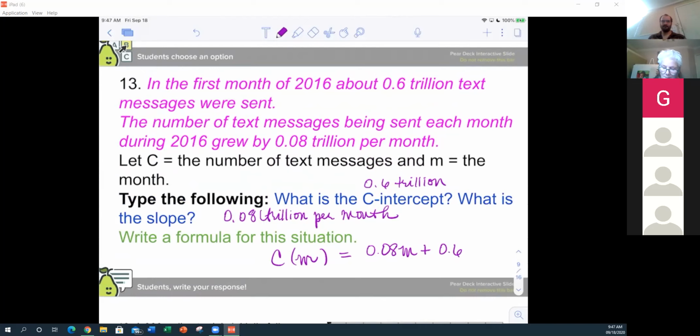I did most of it. I chose the variables C and M. You could have chosen anything. So we're through with it. Which variable represents the domain? Which one does?